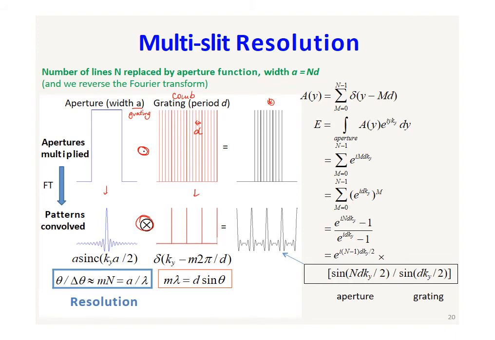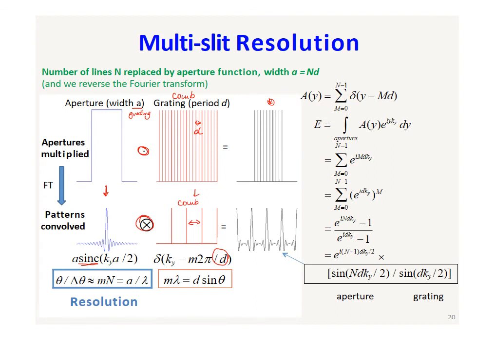of our aperture function. We know that the Fourier transform of an aperture is going to be a sinc, and the Fourier transform of a comb function is also a comb function. However, the spacing between those delta functions, instead of being d, now goes as the inverse of d.